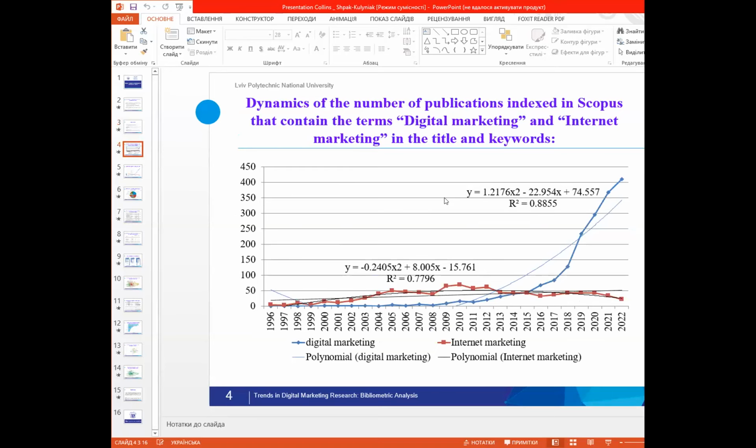On this slide, you can see the dynamics of the number of publications indexed in Scopus that contain the terms digital marketing and internet marketing. Digital marketing is shown by this blue line, and internet marketing by the red one. You can see clearly that digital marketing is getting more and more popular, especially starting from 2015.